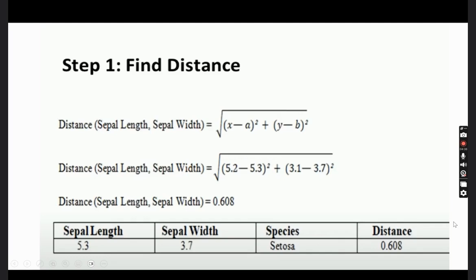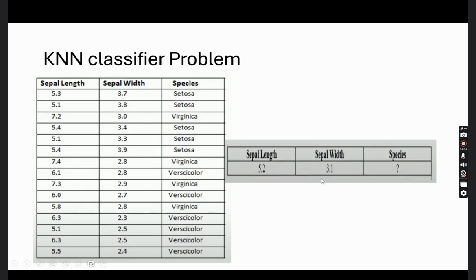The first step is finding the distance between the data points. The formula for finding the distance is the square root of (x minus a) squared plus (y minus b) squared. Here x and y represent the newly introduced data point, and a and b represent the pre-existing value of the data point.